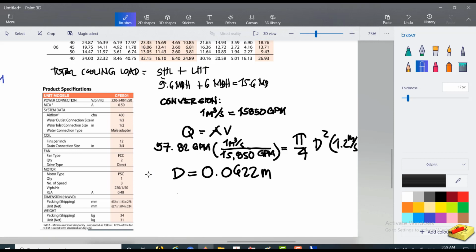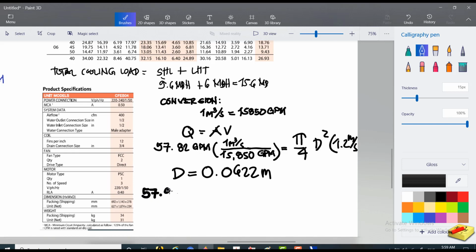We have again the value of, so how much is that?